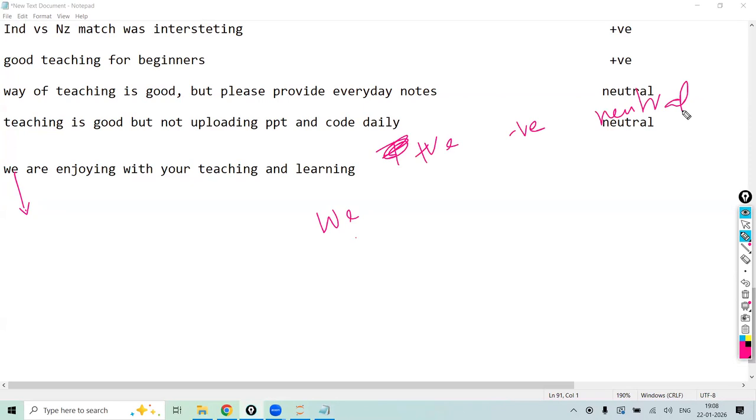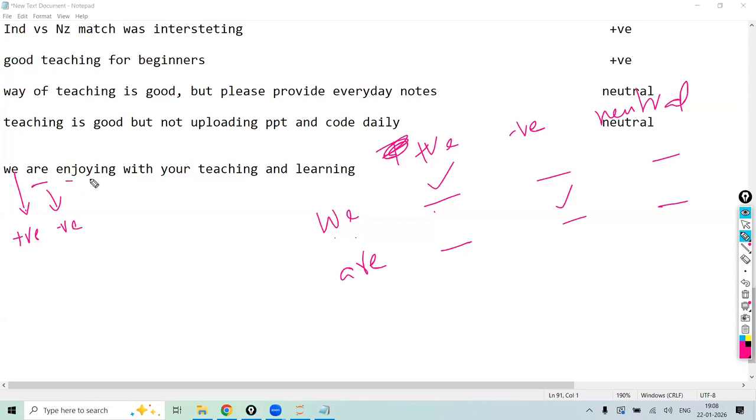For example, out of these three, if "we" was repeated more times in the positive, then it will be considered a positive word. Second, "are": in which one was it repeated more times? For example, if it was repeated more in the negative, it will be considered negative.